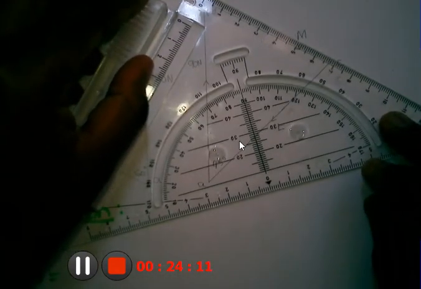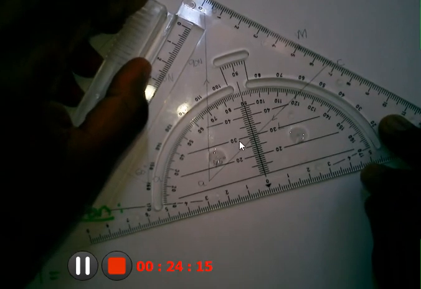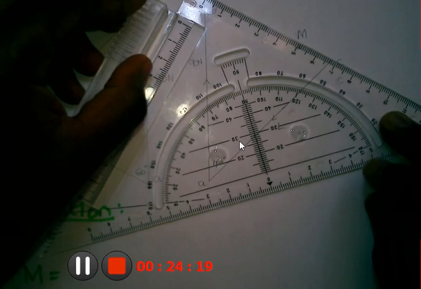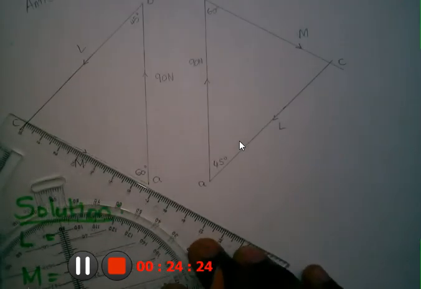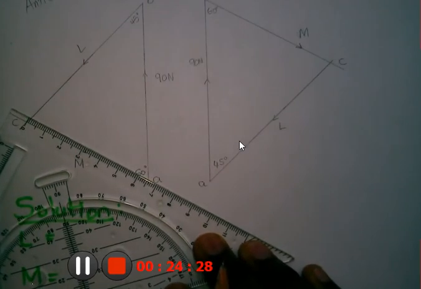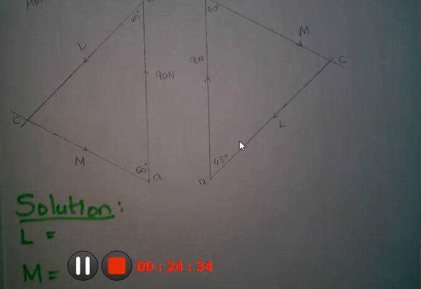I hope you are finding your sizes, you are reading off the correct sizes. That is the size of M again. So on both diagrams, I am getting that my M is 67 newtons.